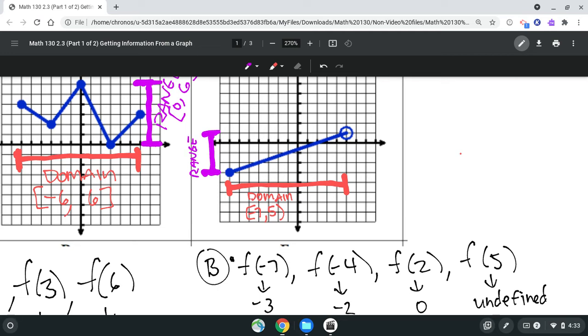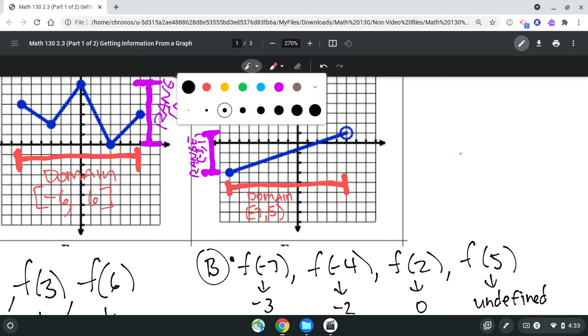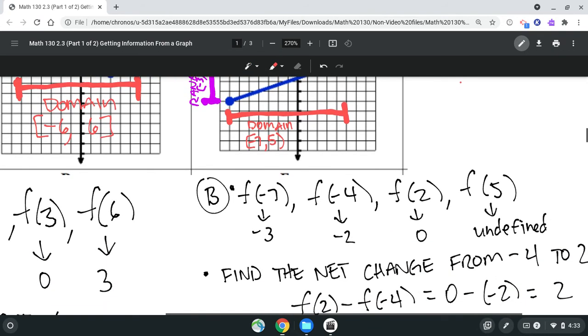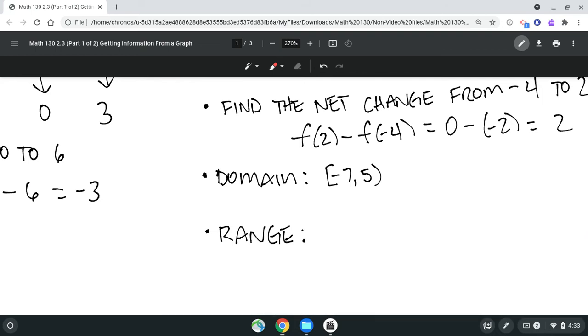Negative 3 included, all the way up to 1 not included. Okay, so that's our range. Let's go ahead and write it down here. So from negative 3 all the way to 1, but not included. Okay.